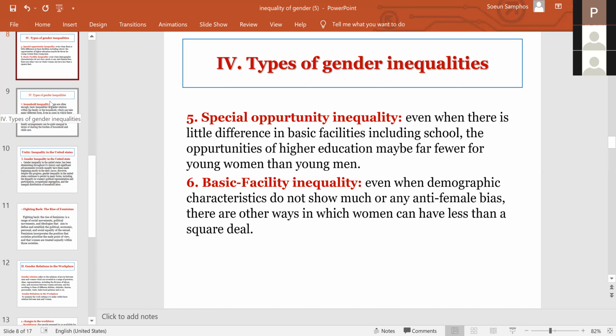Special opportunity inequality means that bias sometimes exists in some classes, usually exploitation of students. So in the class, there are two students. They are smart.